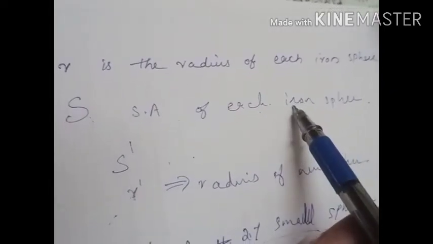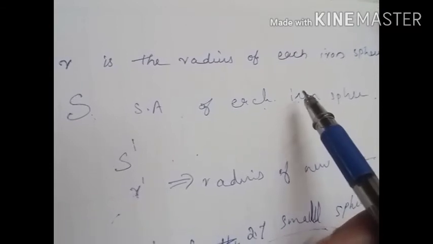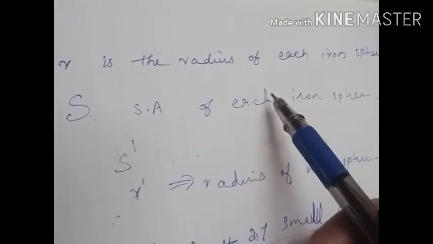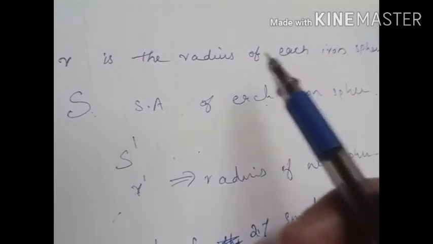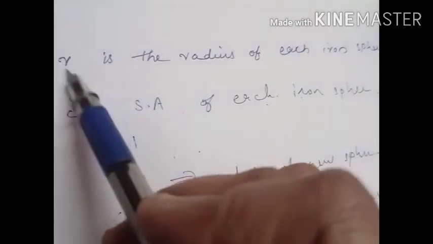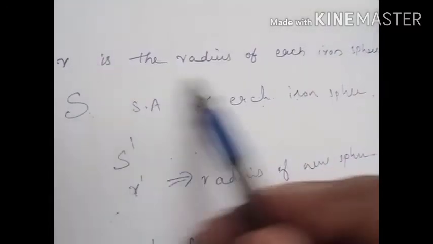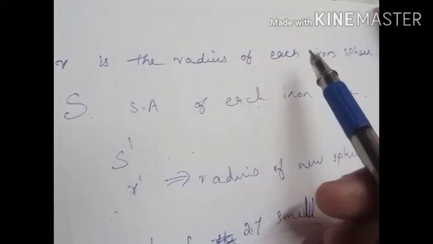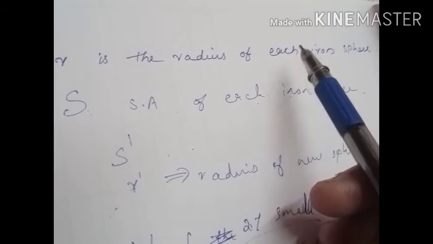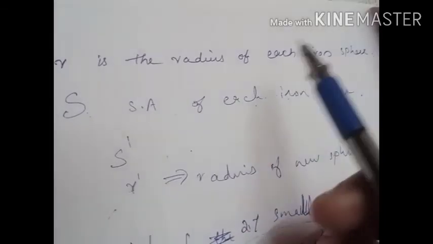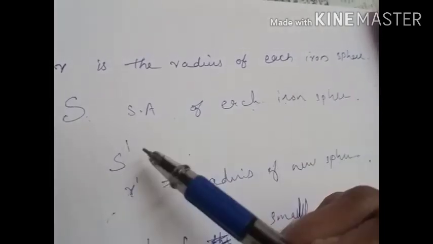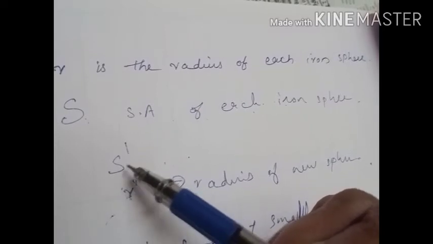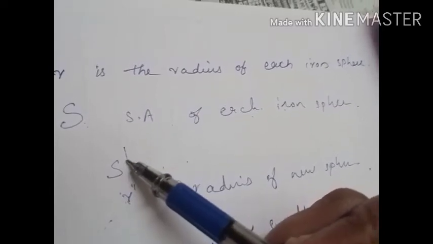They ask to make a new sphere by melting and reforming these 27 small iron spheres. When these 27 small iron spheres are melted and form a new sphere, that new sphere's radius is r dash and S dash is its surface area.